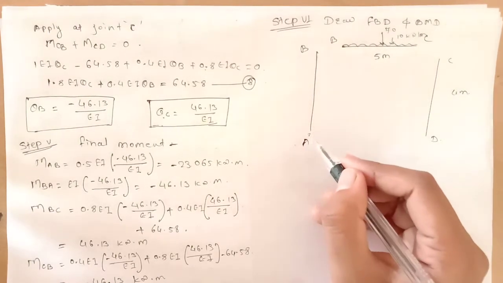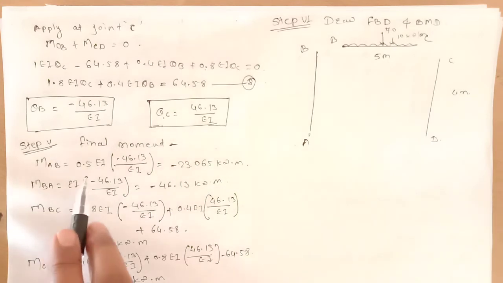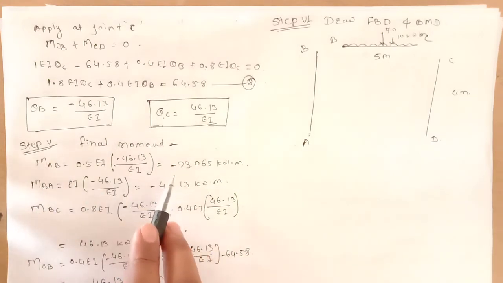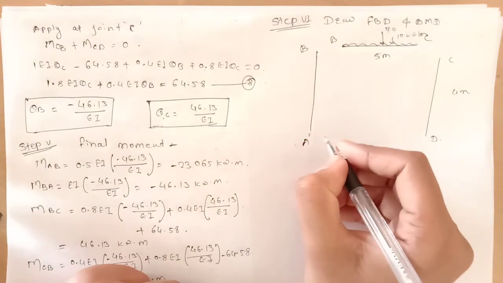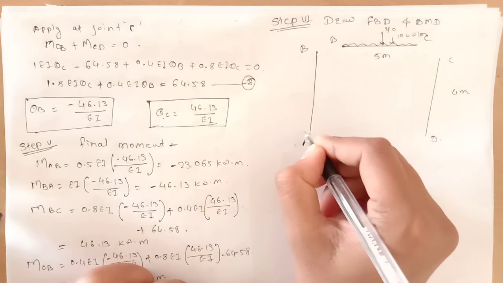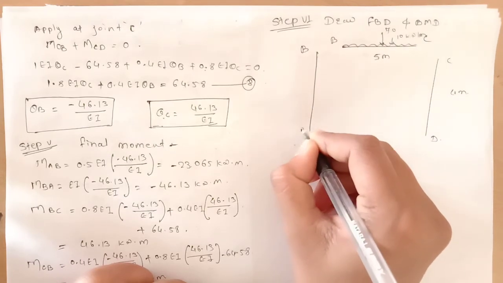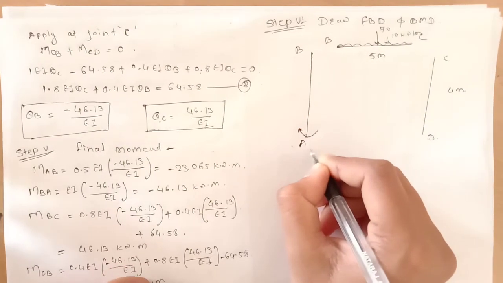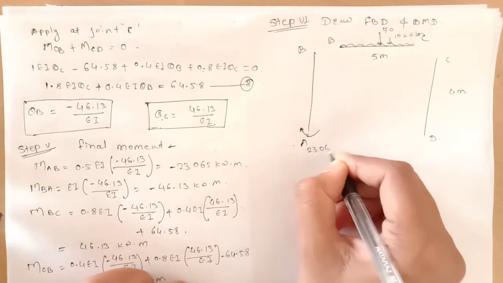So first, the end moment at member AB, you can see the value here is minus 23.065. It is a minus value, so that's why here we take a clockwise moment, 23.065.